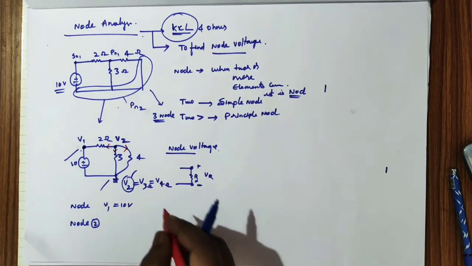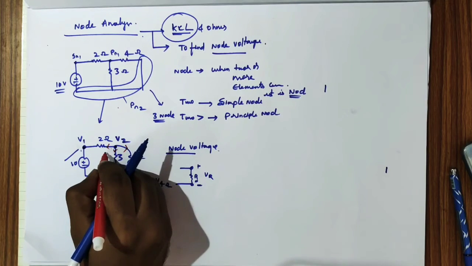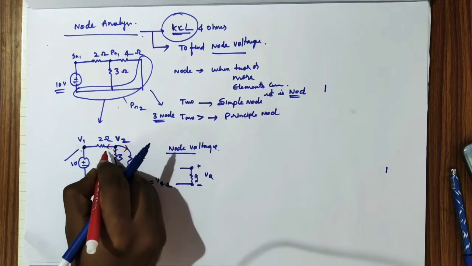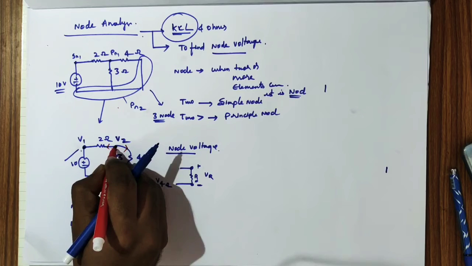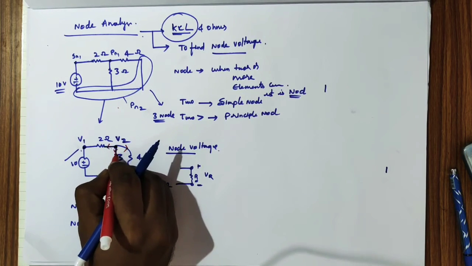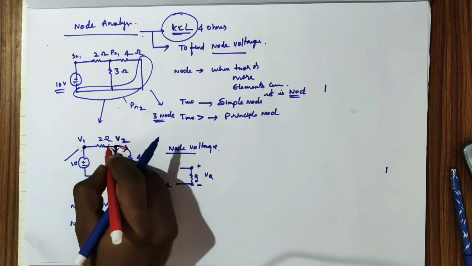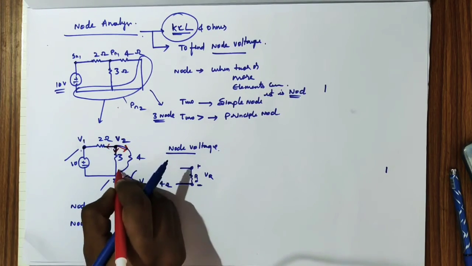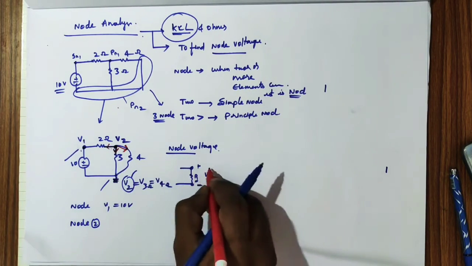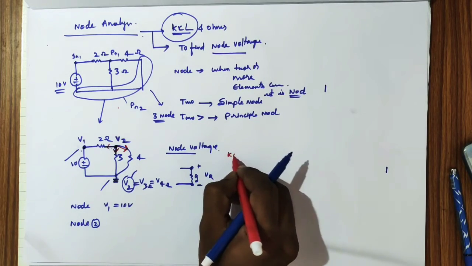Let us say at this node a current is leaving. So always assume currents are leaving. Ultimately, our aim is that all currents are going to ground. That is the law of conservation of charge, KCL.